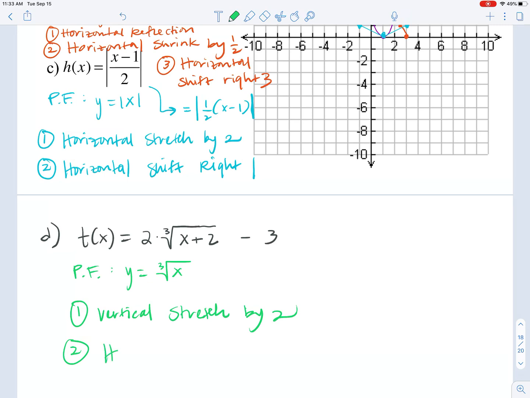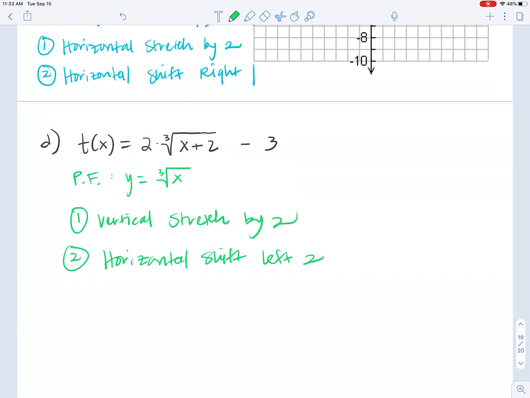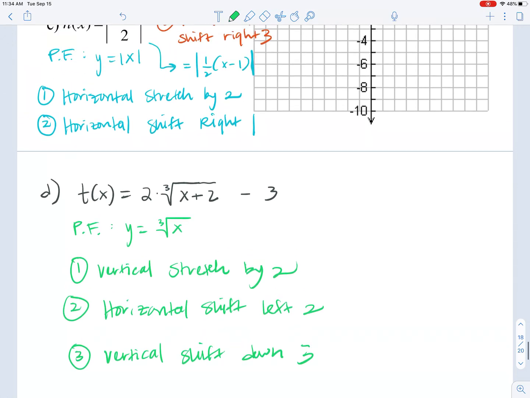The plus 2 underneath the cube root would be a horizontal shift left 2. And then the minus 3 on the outside would be a vertical shift down 3.